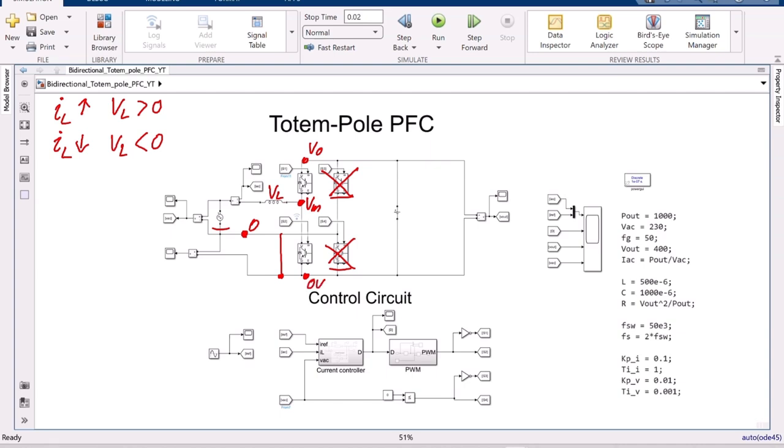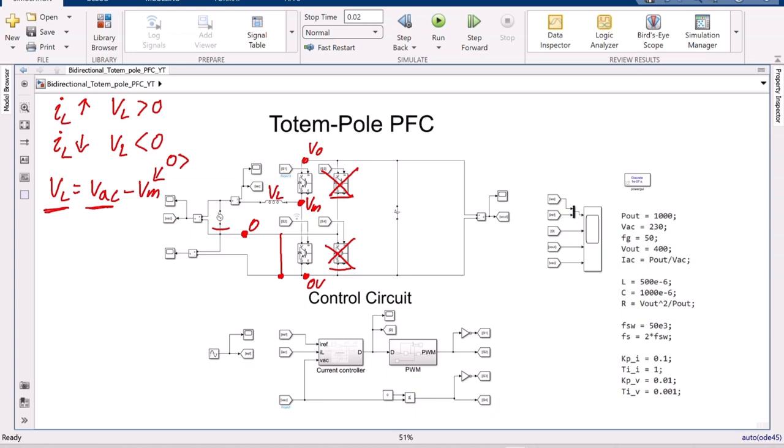So the voltage over VL would be equal to VAC minus VM, as you see here. And we know that this one is always positive. It's always above 0. So this means that when VAC is negative, which happens sometimes, then VL will always be negative.